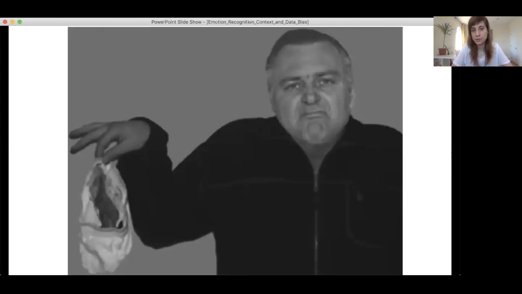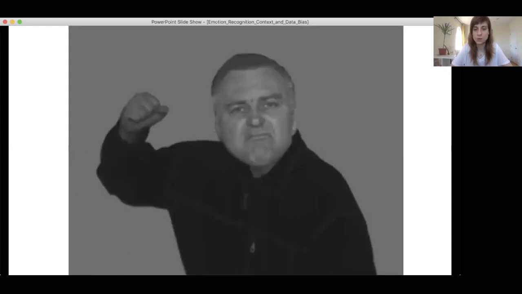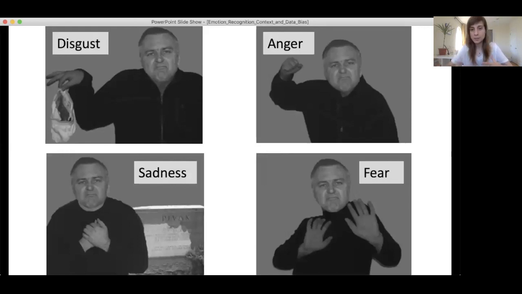Well, suddenly we might agree that this is probably disgust. But what happens if I show you this image now? It's exactly the same facial expression, but the context, in this case the pose of the person, changed. And the perception of the face is completely different. Here we see anger. And if we keep manipulating the same facial expression with different contexts, we can see different things.